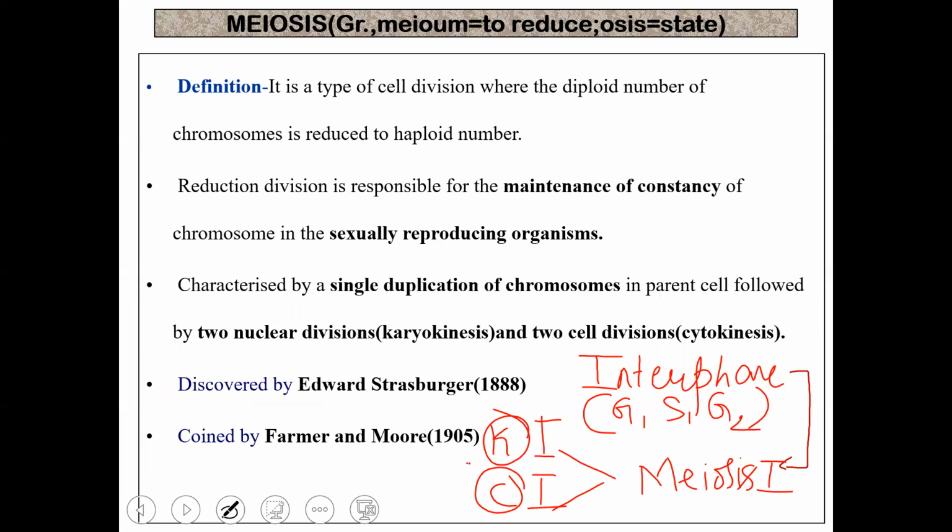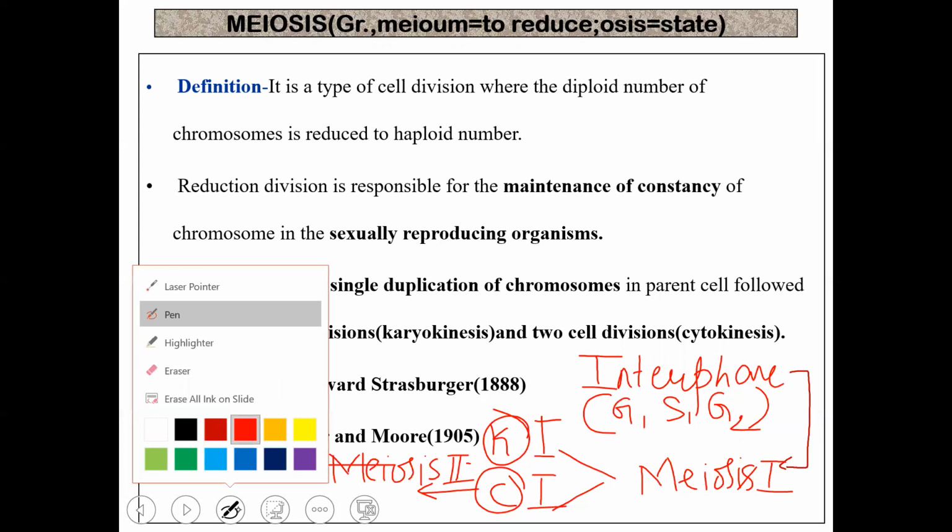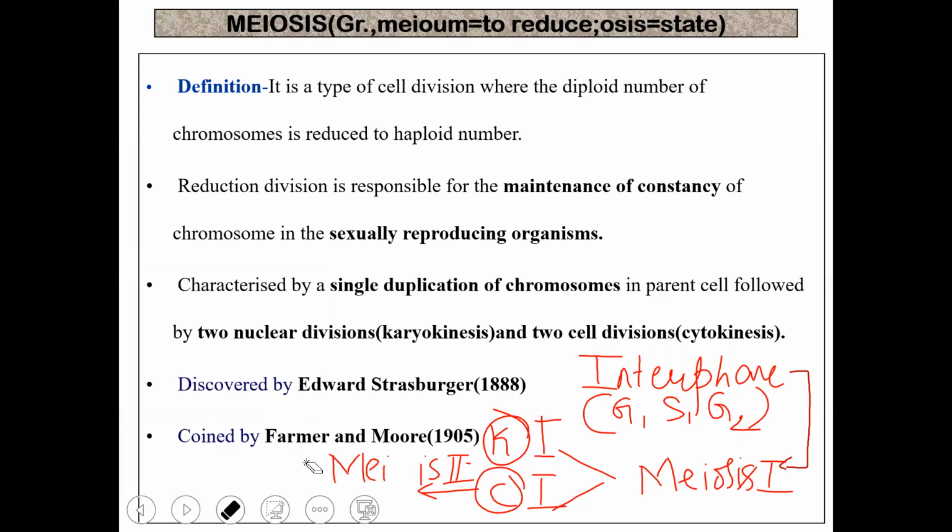And later that will be followed by meiosis 2. And in turn, it will be followed by karyokinesis and cytokinesis, which will be again represented by the Roman numeral 2.